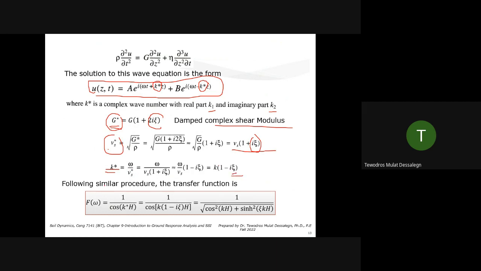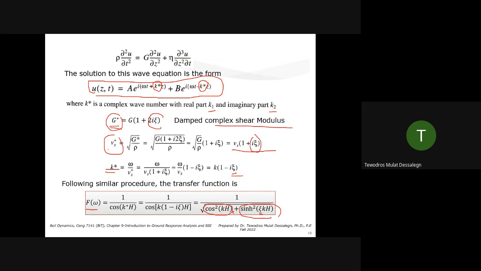So following a similar procedure, using the boundary conditions we used before, the transfer function now becomes like this. Remember, before we had only this term for the transfer function when we solved it using the boundaries. We said shear stress at the surface is 0, and then we came up with 1 over cosine kh. And it wasn't the square root because it's a square. But now we have a second term, sine squared, and the damping is coming into play. You can see the derivation in the Kramer book.